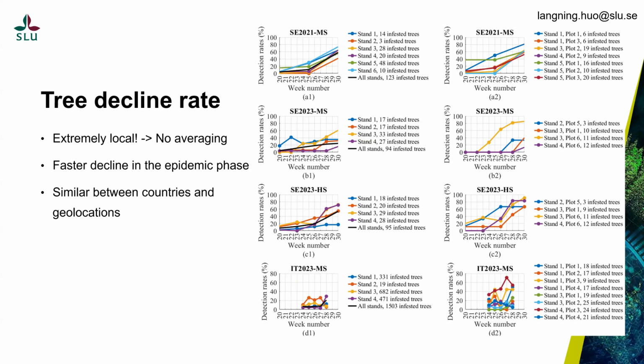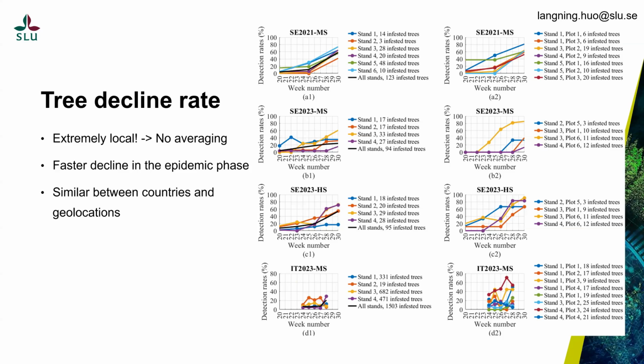For example, in the Alps, they analyzed an average of 1,000 trees, and the detection rate is really low, and we were saying that it's not possible for early detection. But actually, if we go into the small patches, we can see that the detection rate is even higher than 90%.